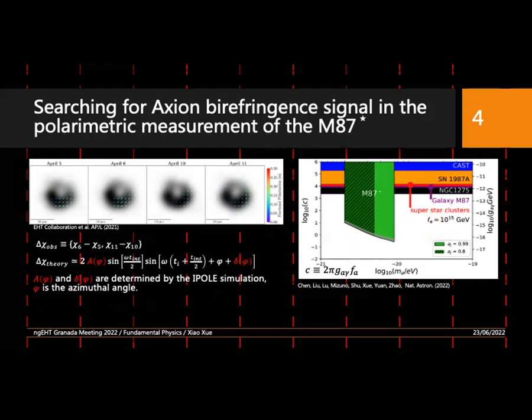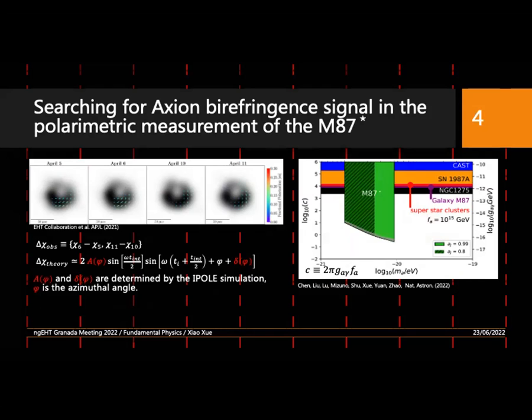What you see on the right-hand side is the result that we gave in 2022, in the paper accepted by Nature Astronomy. Here you can see the green area is the excluded area based on the data and using the model that we proposed.